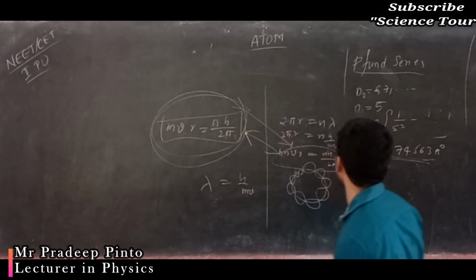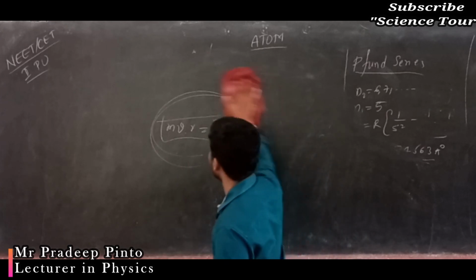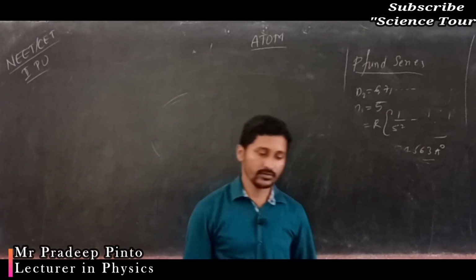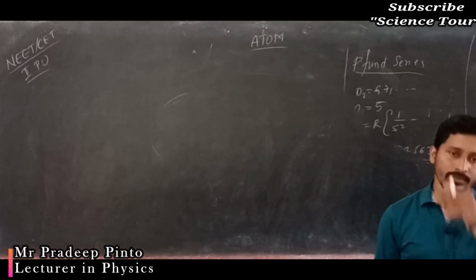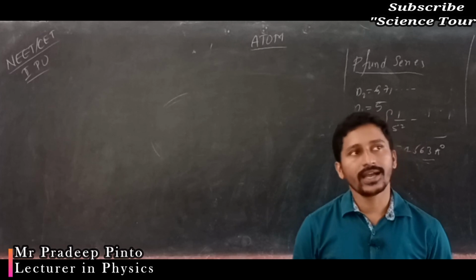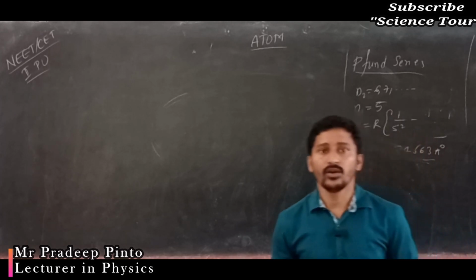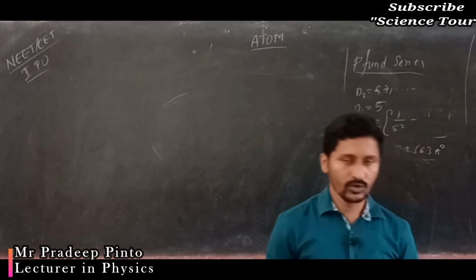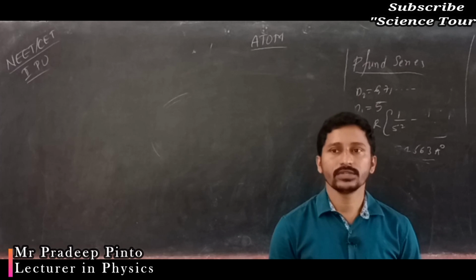So that is one formula you have to remember, and this is how we conclude the synopsis part of the chapter atoms. Go through it, the chapter atoms is very easy. You will have only spectral lines and some of the theories.